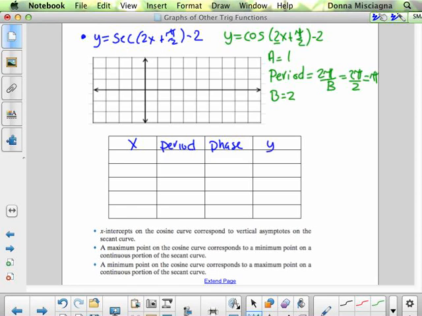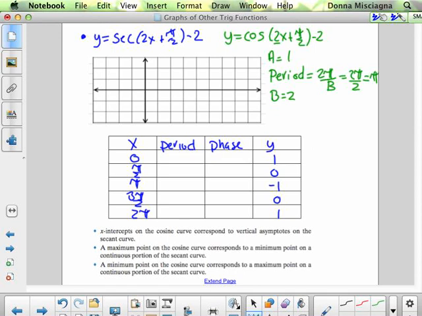So we start off with our key values, and our key x values are those quadrantal angles: 0, pi halves, pi, 3 pi halves, and 2 pi. The y values that go with that for cosine: cosine starts at its max, and then x-intercept, min, x-intercept, and max.